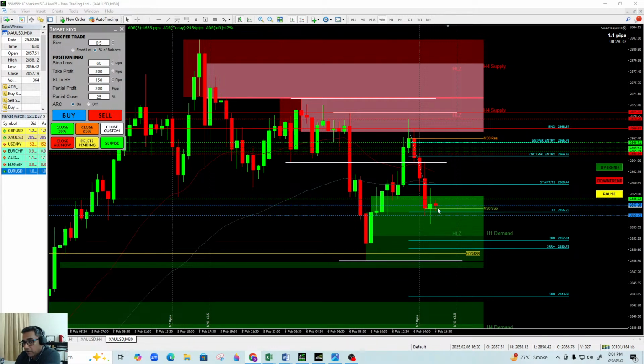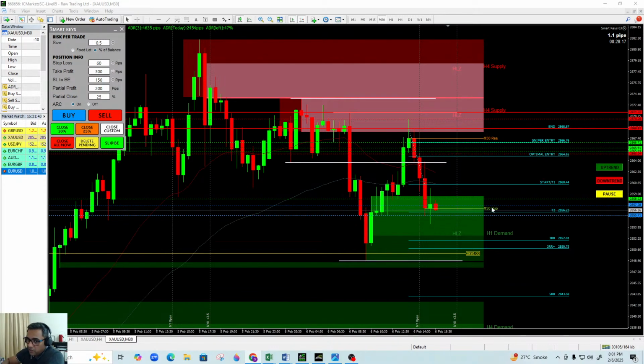But learn to visualize the candles. That's the reason I say candles like this from these areas, where you should put your stop loss, where your TP should be, and to wait for the retracement for the entries. All of that information is given because you have to learn to visualize something before it takes place. So when it starts to play out, then you can take trades with confidence.